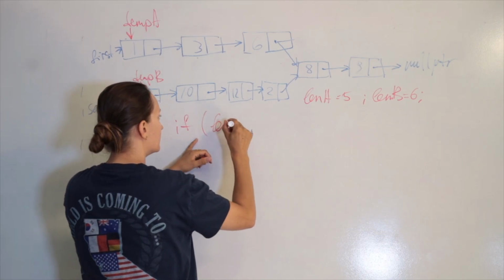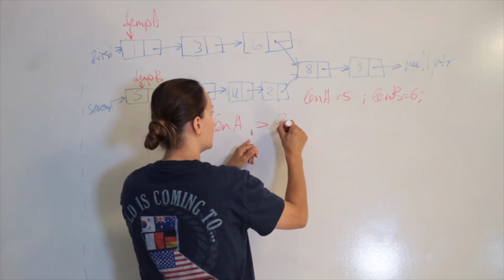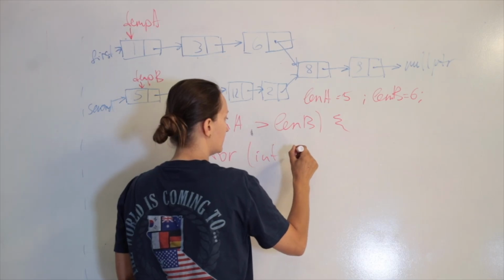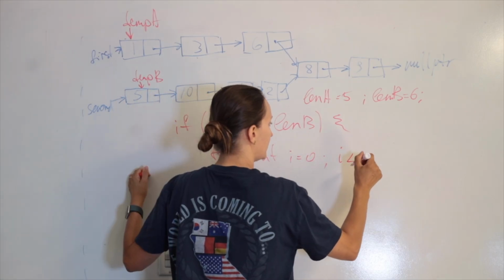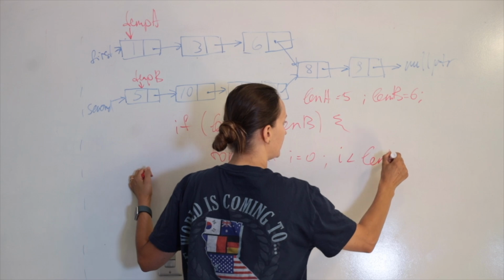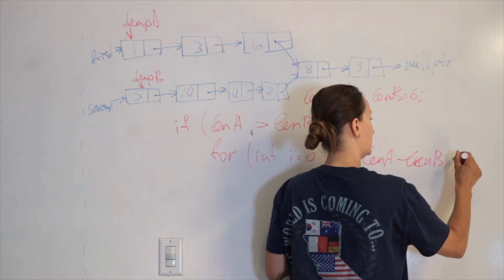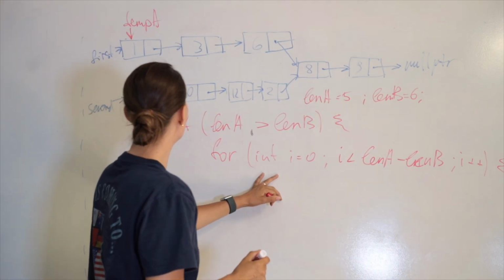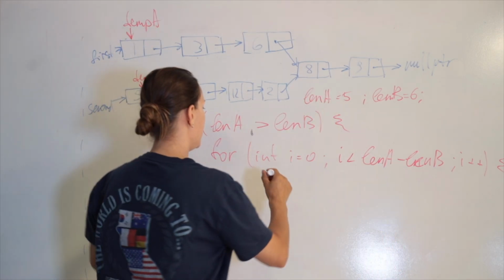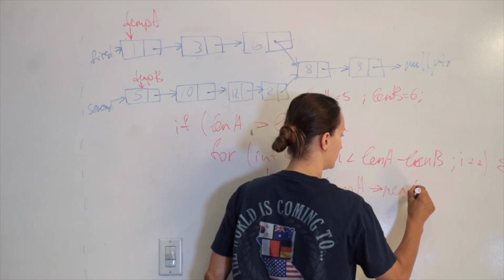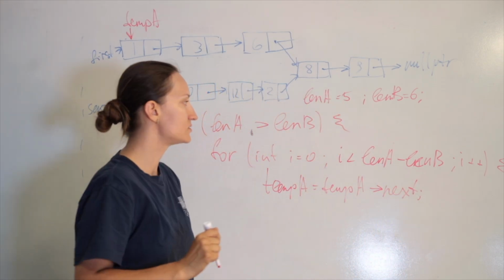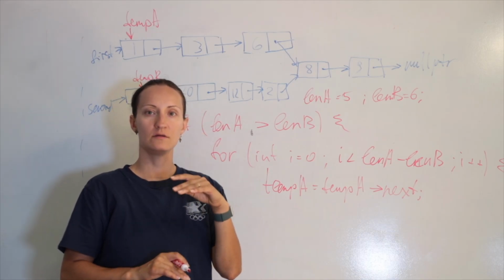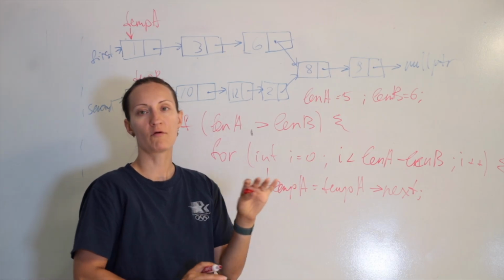If len A greater than len B, we will do the for loop. Int I equals 0, I is less than len A minus len B, I plus plus. I will explain that. And we will move our temp A to the next node, because we need to start our next loop at the same position to move forward both pointers.